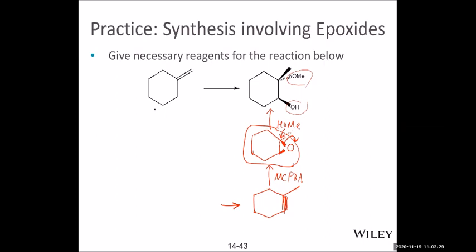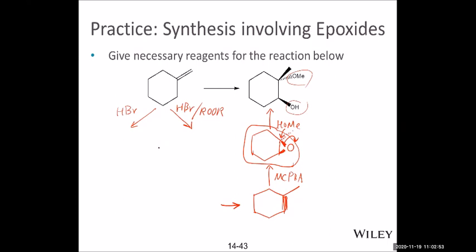Now I have to think about what kind of way, because there are two ways to add the HBr. One is just the normal HBr, the carbocation mechanism. The other way is peroxide, free radical, anti-Markovnikov.